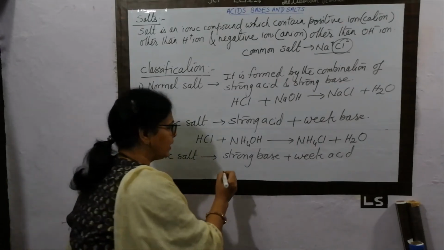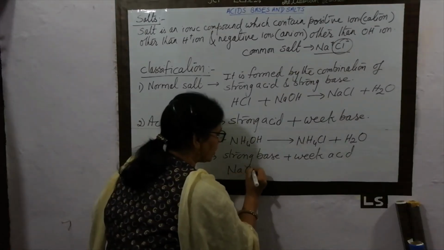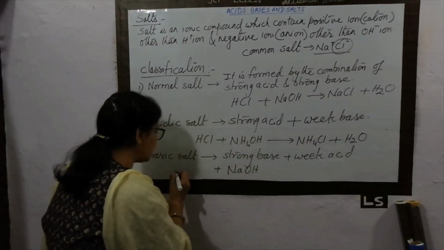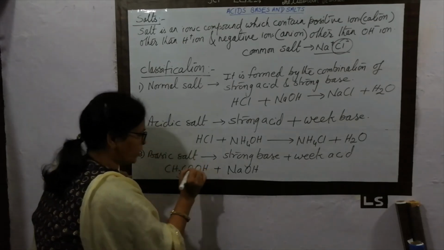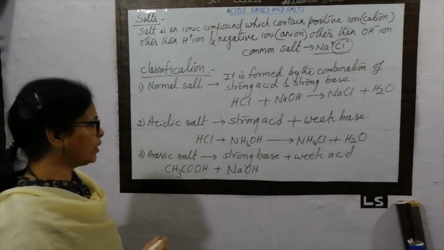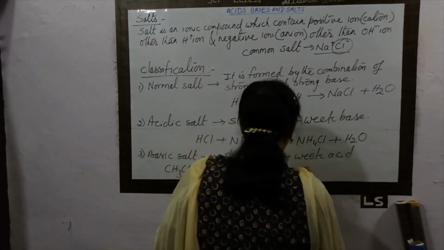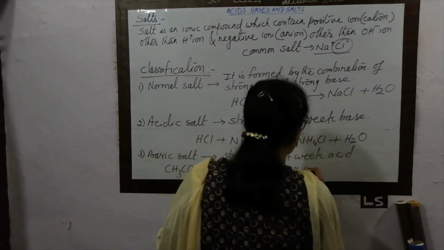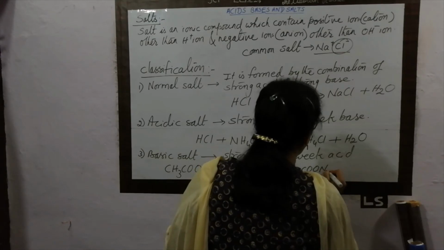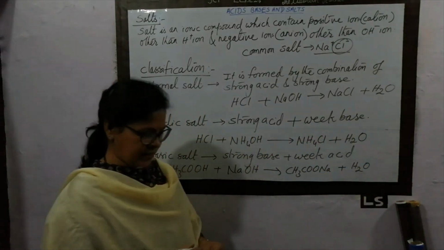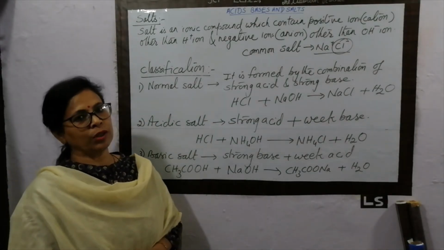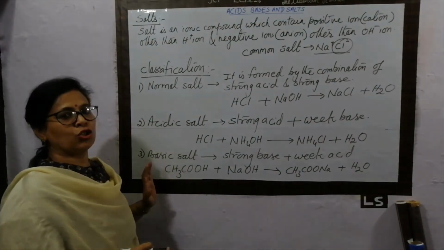A strong base, that is NaOH, combines with a weak acid, that is acetic acid, CH3COOH. When these two combine together, what happens? The substance which is formed is CH3COONa plus H2O, sodium acetate. Sodium acetate is formed, and sodium acetate is the basic salt.